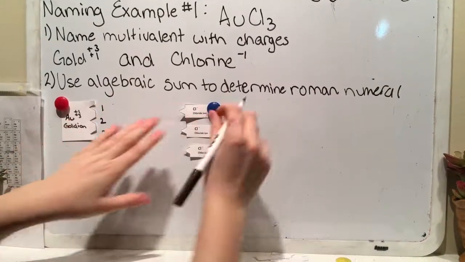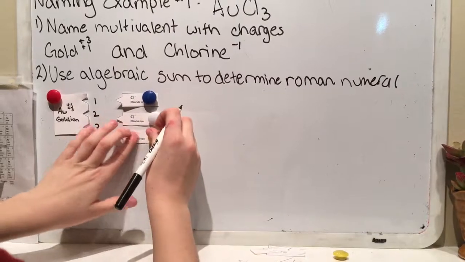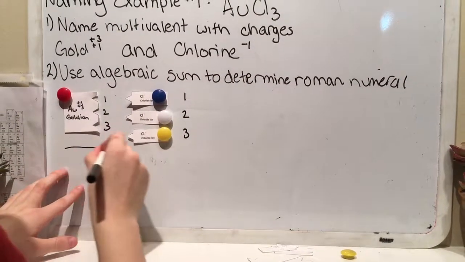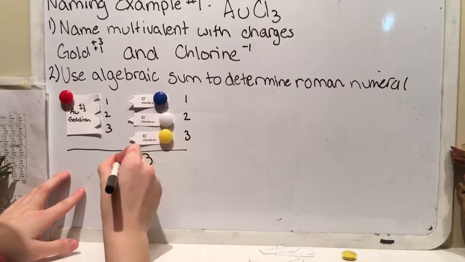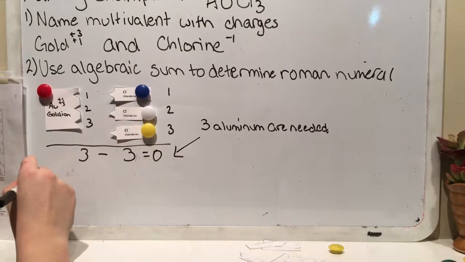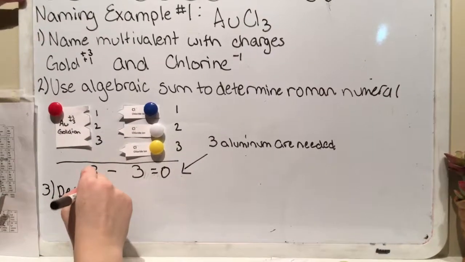Because we have 3 chloride as a subscript, we need 1 gold. Now to determine that there are 3 gold needed for an ionic charge, we use the algebraic sum method, and they have to cancel out to equal 0. And on the whiteboard I did put aluminum, but it's supposed to be that 3 gold are needed.